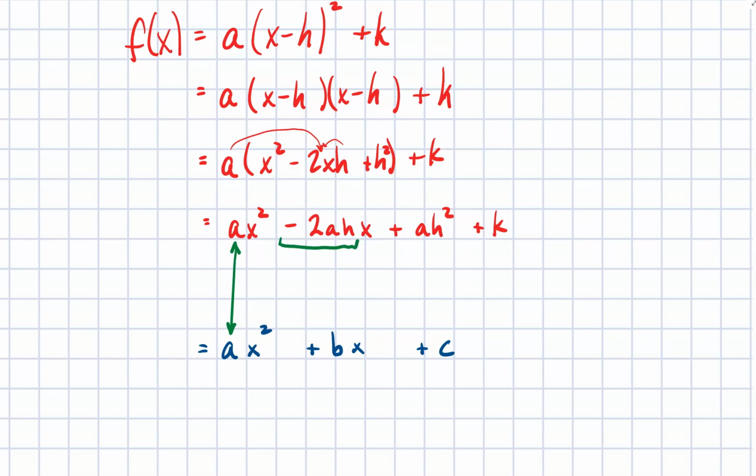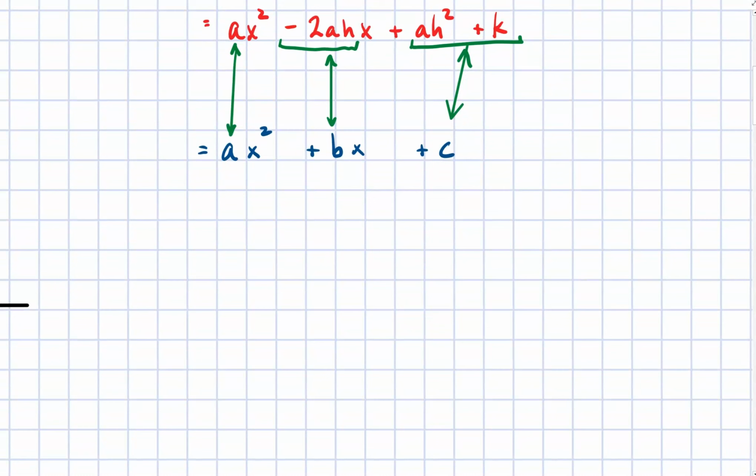This negative 2ah is in the same position as b in our standard form. And then this whole combination of ah squared plus k, that's in the position of c.